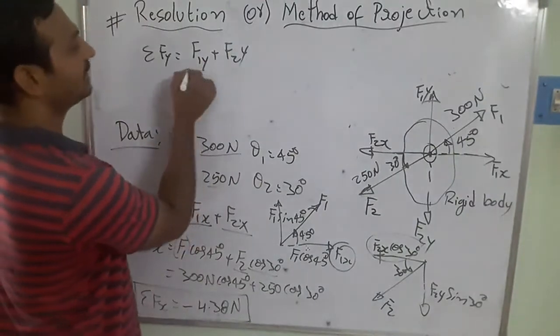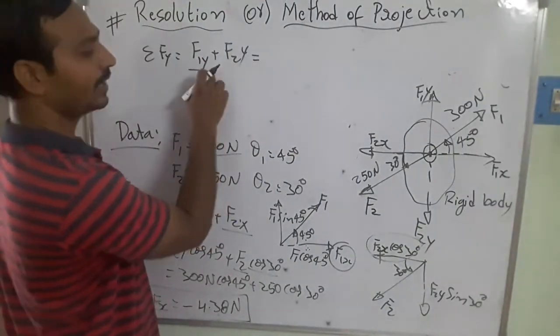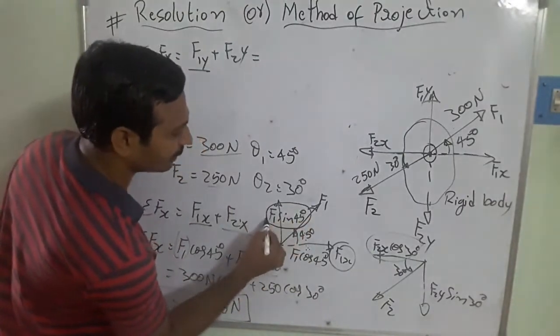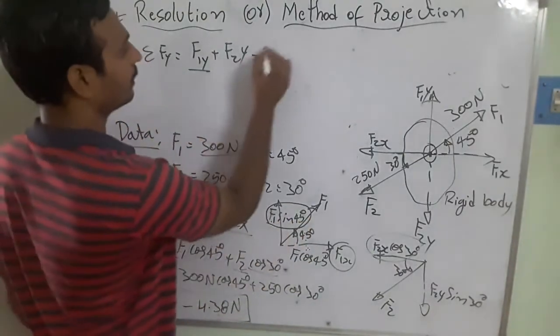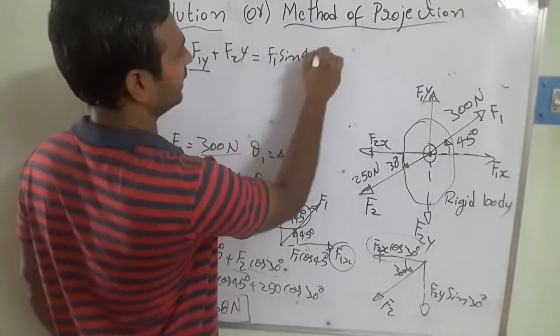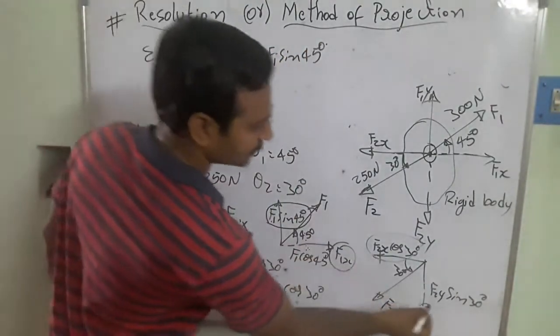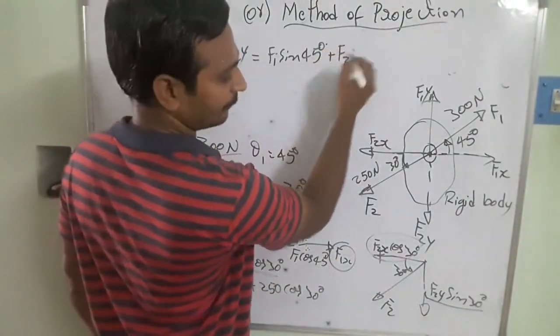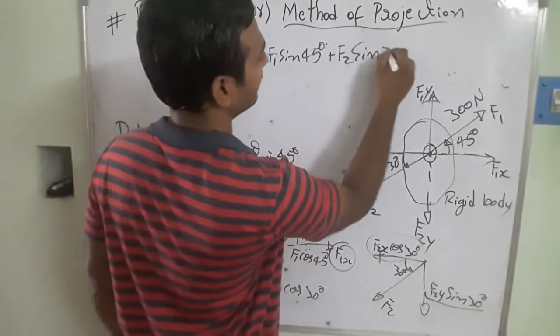So what is F1y equal to? What is the F1y here? The vertical component is F1 sin 45 degrees, and similarly for F2 the vertical component is F2 sin 30 degrees.